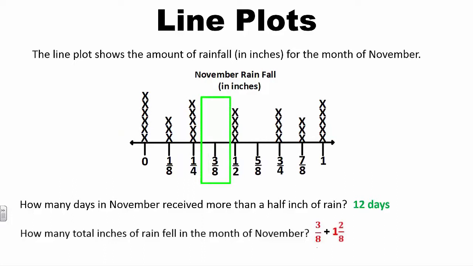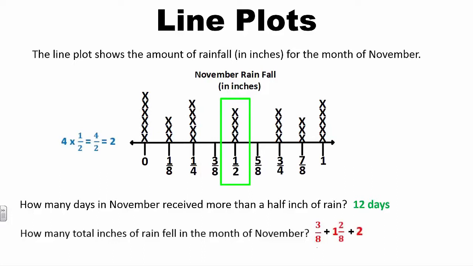Next on the line plot, we see that 0 days had 3/8 inches of rain. 4 days had ½ of an inch of rain. 4 times 1/2 equals 2 inches of rain. 0 days had 5/8 of an inch of rain.